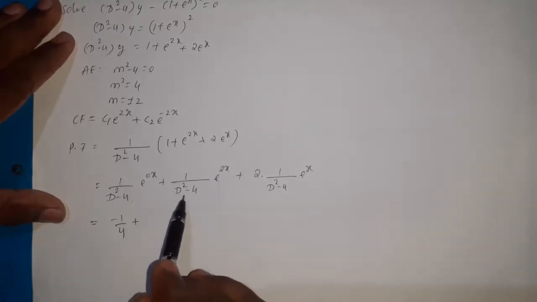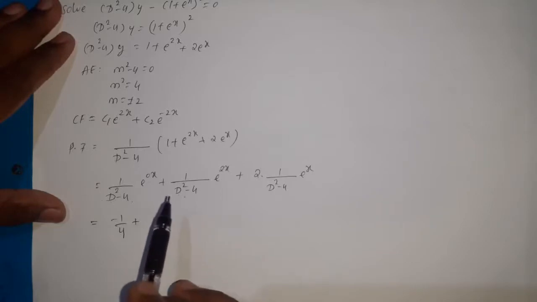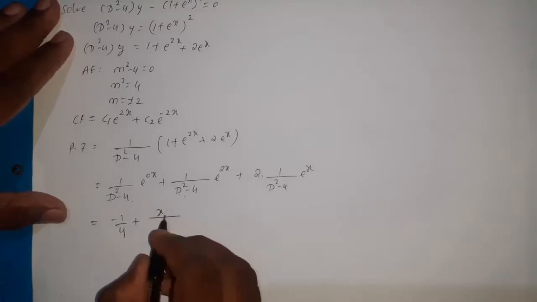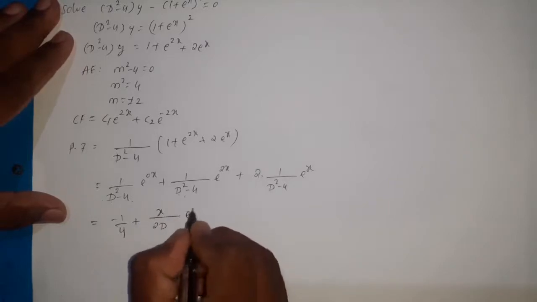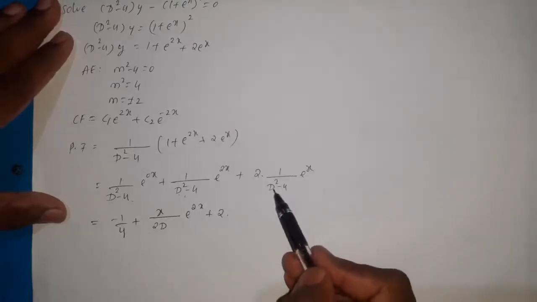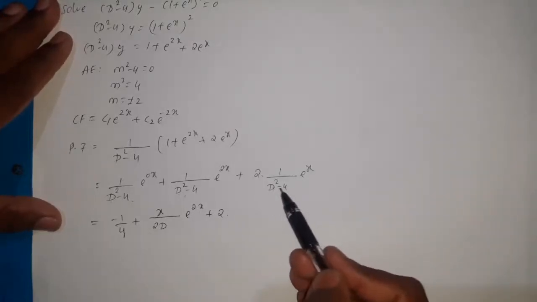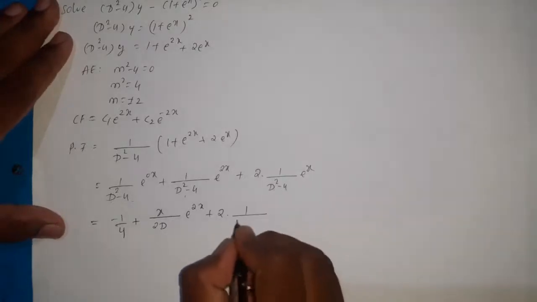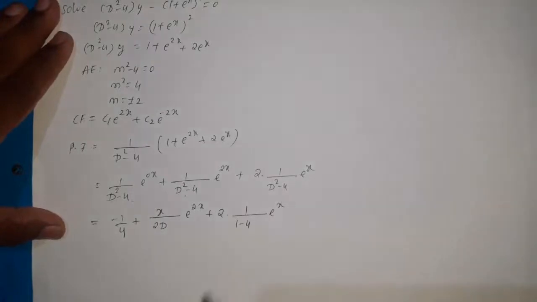Now here the denominator is taking the value 0. In that case we use x divided by f′(D), that is 2D, for e^(2x). For the third term, D = 1, then 1 − 4 is −3, which is non-zero, no problem, so it is 1/(1 − 4) e^x.